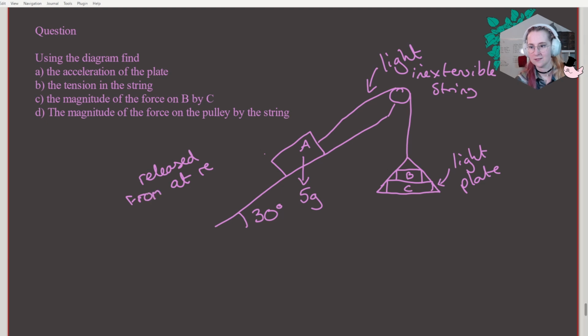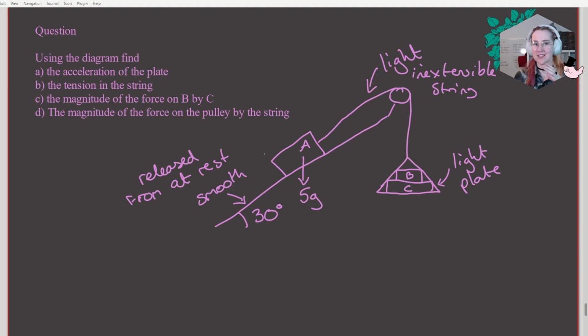So we have an inclined plane of 30 degrees. It is a smooth inclined plane. One end of a light inextensible string is attached to block A of mass 5 kilos, so 5g. The g is gravity now, it's not kilograms. It's not 5 grams, it's 5 times g. The string is at 30 degrees to the horizontal.